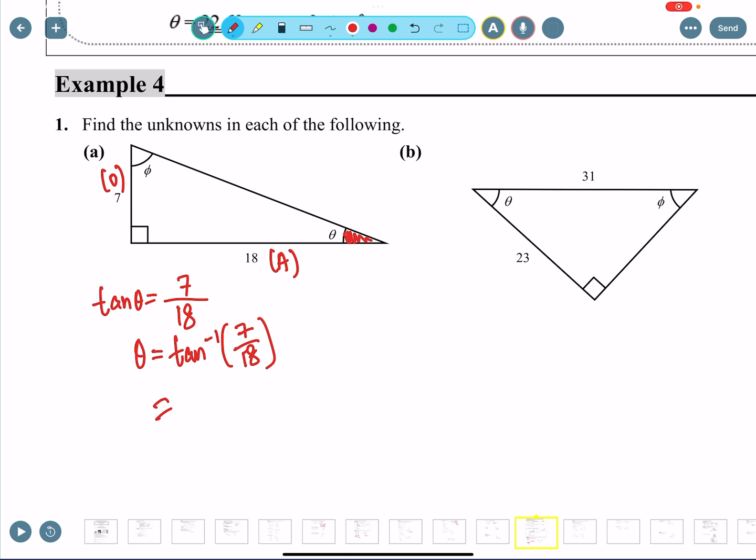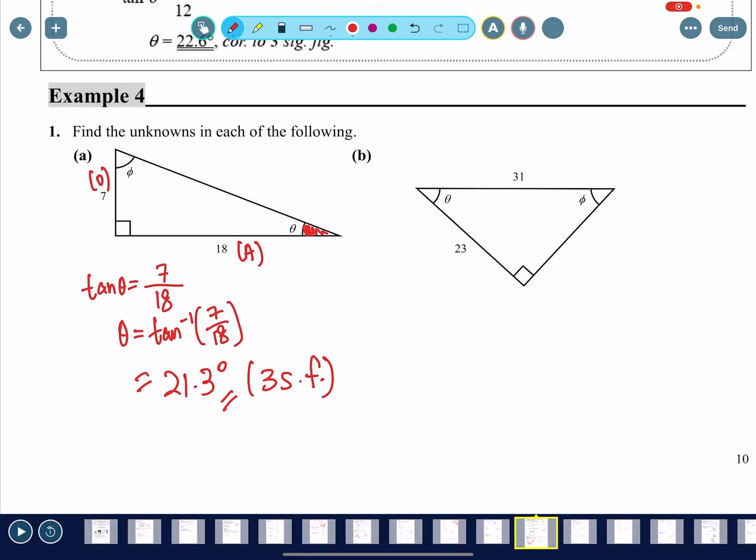This is called inverse tangent actually, when you move the tangent to the right side. So it's called inverse tangent, but people always call it shift tan. Anyways, 21.3 degrees. Yeah, we have to write degrees. It's usually in degrees anyways. 3SF.